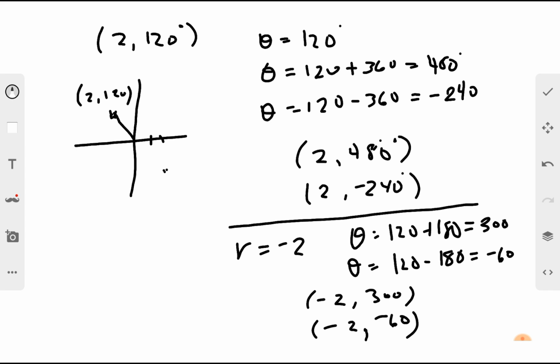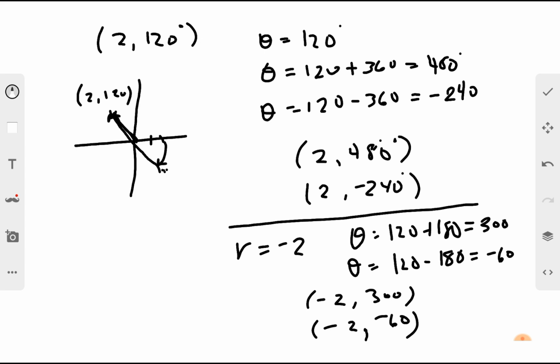Okay, so let's check those. Let's do (negative 2, 300) first. The radius distance is 2. We'd go around to 300, which would put us right about here. And then negative 2 tells us to go the opposite direction, and that seems reasonable. We land at (2, 120). And then the same thing for (negative 2, negative 60). We rotate around this way, and then the negative 2 takes us the opposite direction.